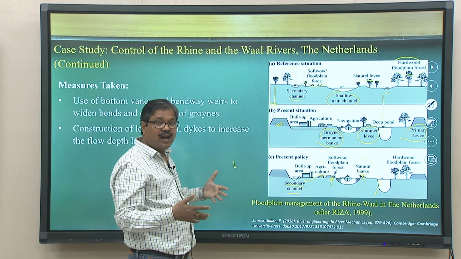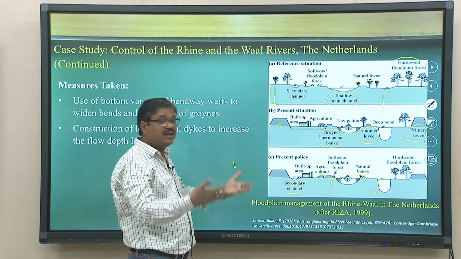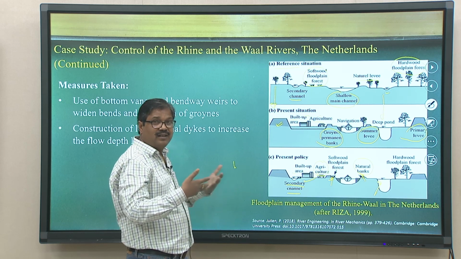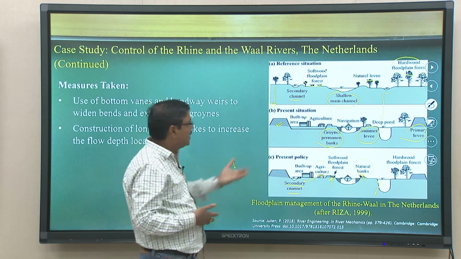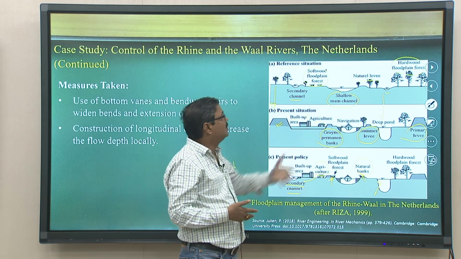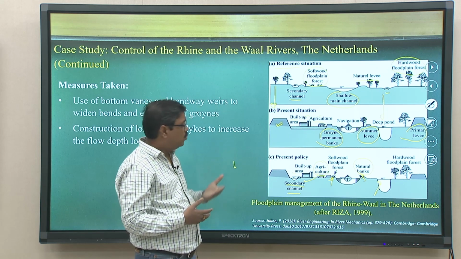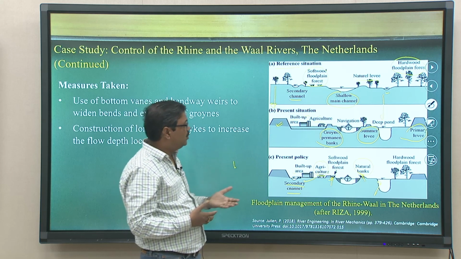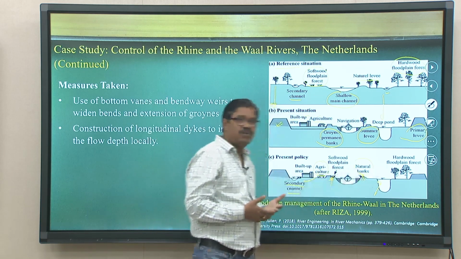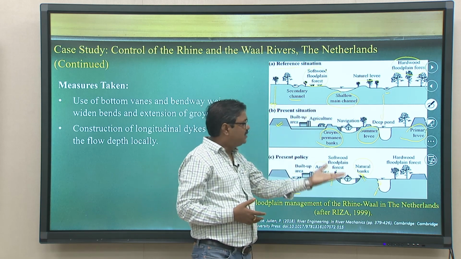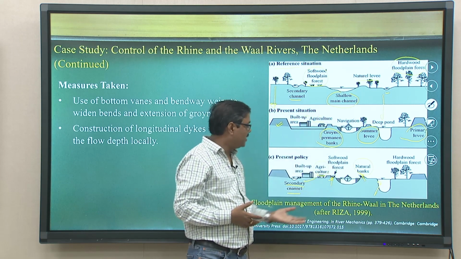As we go from the reference to the present situation, with economic development like agricultural activities, deforestation and built-up areas, we can again mix this up by increasing the floodplain forest, and turning the levee into natural banks.